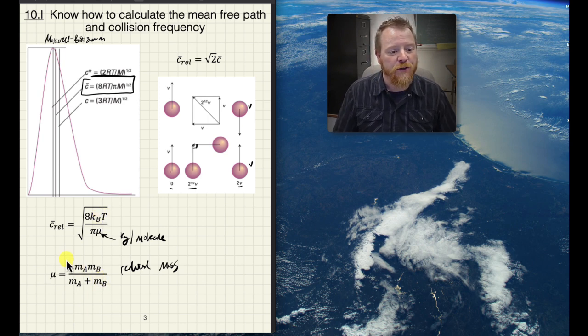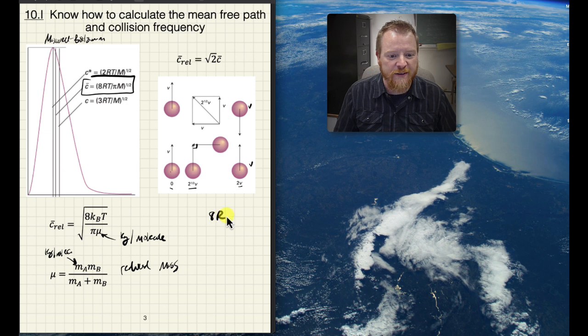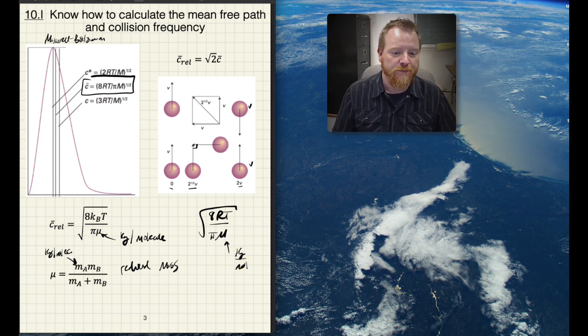So that means in our reduced mass, each one of those is going to be the molar mass of the molecule expressed in kilograms per molecule. Now, of course, if we did this with gas constant R, then my reduced mass would be kilogram per mole. Either one of those would be okay.